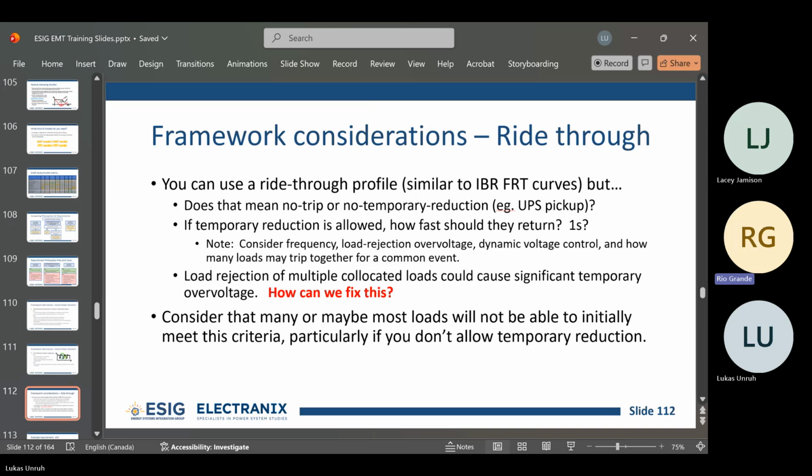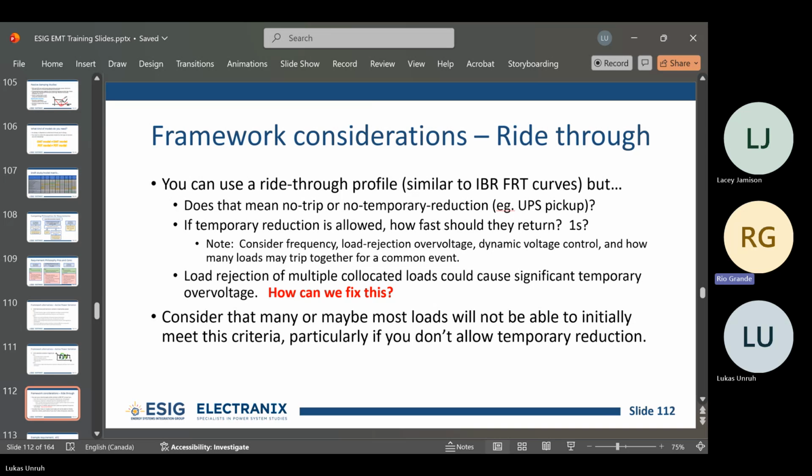So I get that you want the manufacturer to be able to meet the capability. You don't want to design something that's impossible to meet, but I should be able to put that aside for a moment and think purely from the grid perspective and the physics of the power system.